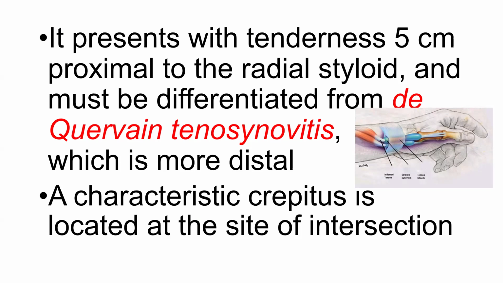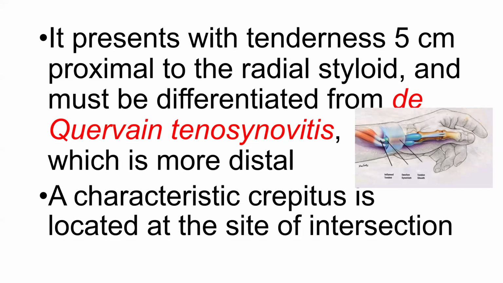It presents with tenderness 5 centimeters proximal to the radial styloid and must be differentiated from de Quervain tenosynovitis. If you look at the photograph on the right side, it will show you the site of the two tendons that can intersect with these two extensor tendons to lead to this.